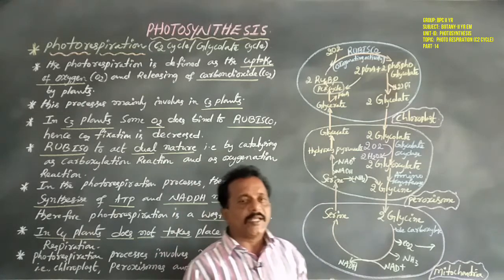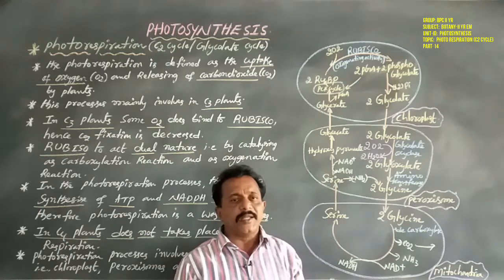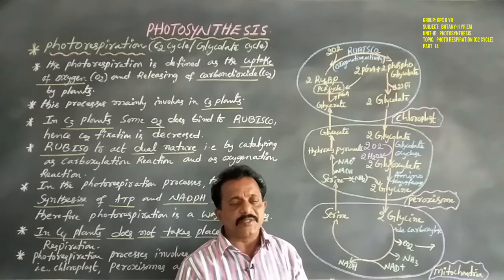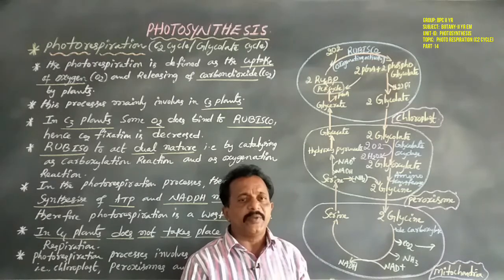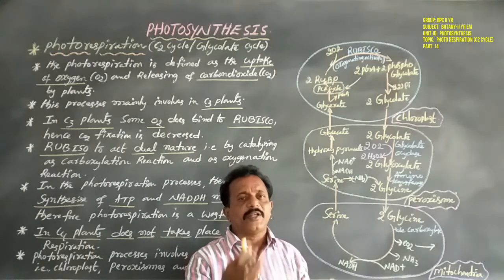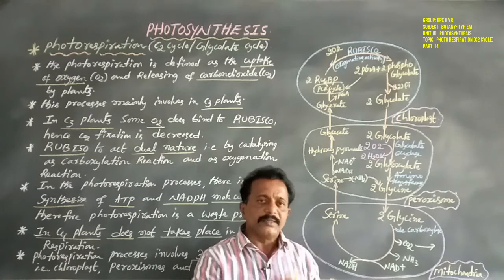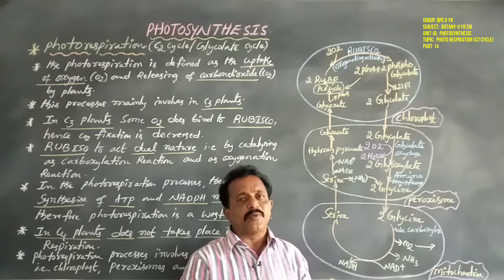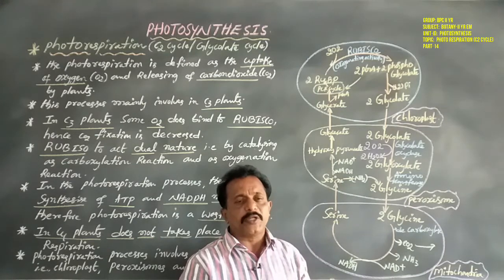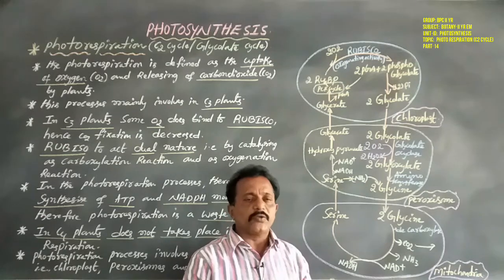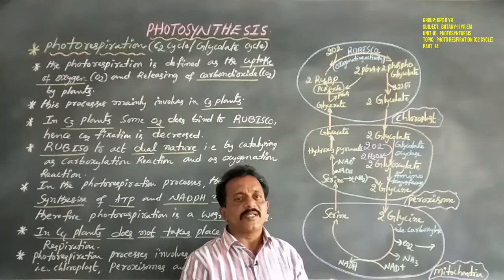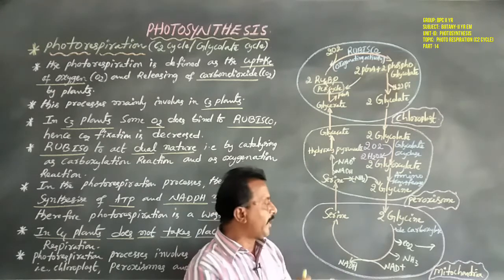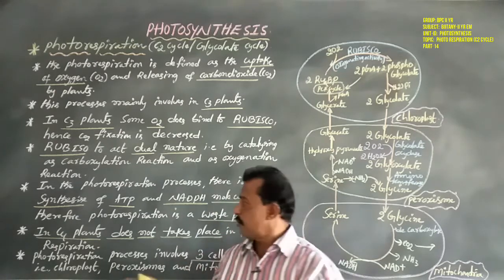But in the C3 cycle, C4 cycle and CAM cycle, ATP molecules and NADPH molecules are utilized and synthesized. But photorespiration, or the C2 cycle, does not synthesize ATP molecules and NADPH molecules.